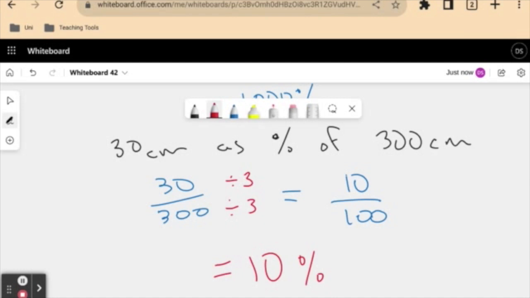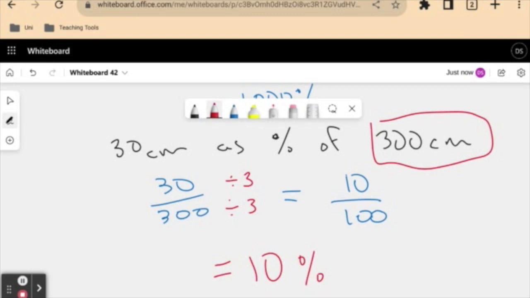Now that seems like it passes the logic test, right? This answer of 10% makes more sense because if you were to make 300 centimeters out of a bunch of 30 centimeter rulers, you can just line up 10 lots of these rulers and that'll give you 300 centimeters or 3 meters.